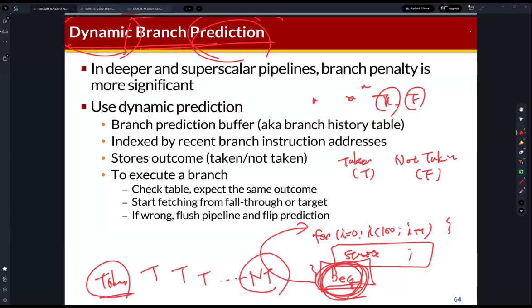Also, we can apply some prediction to the if-else statement. So the good news is that the prediction hit rate for these branch instructions is very high in our normal applications, right?